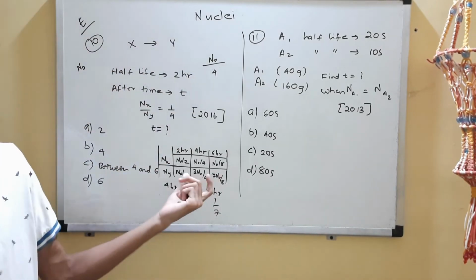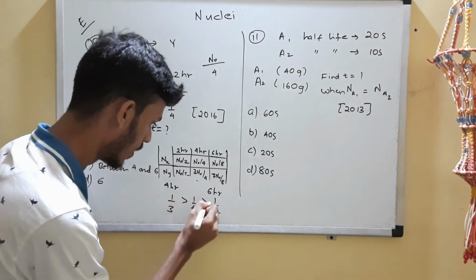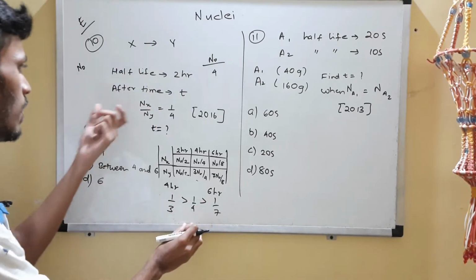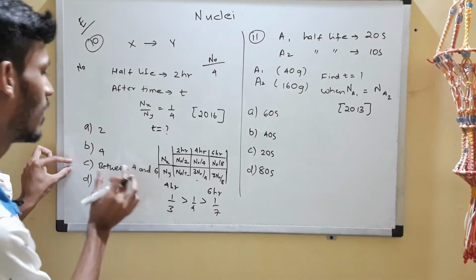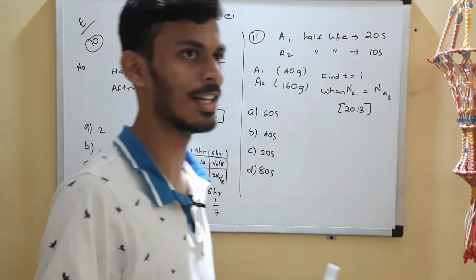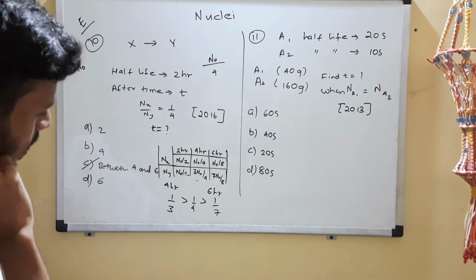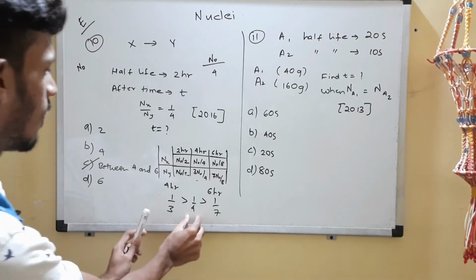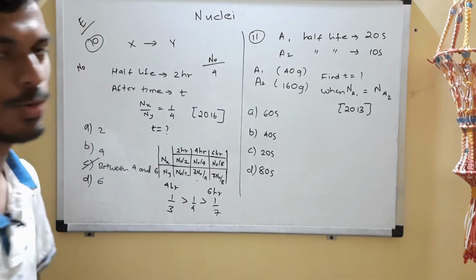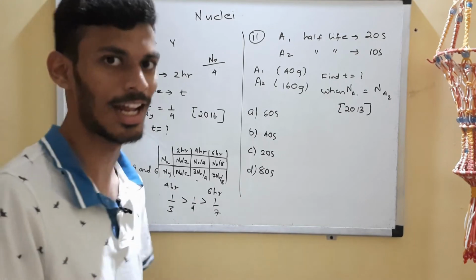It is somewhere between these two, right? So this ratio will be reached when your time is somewhere between 4 and 6 hours. We are not sure when, but it will be somewhere between 4 and 6, because this fraction itself is between these two numbers. So between 4 and 6 is the correct choice over here.